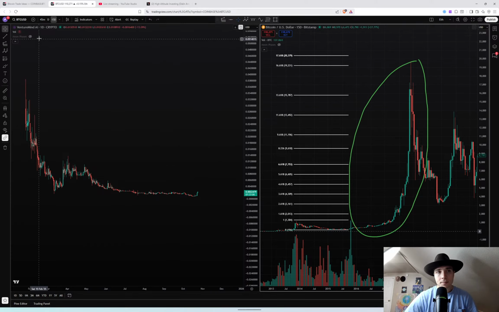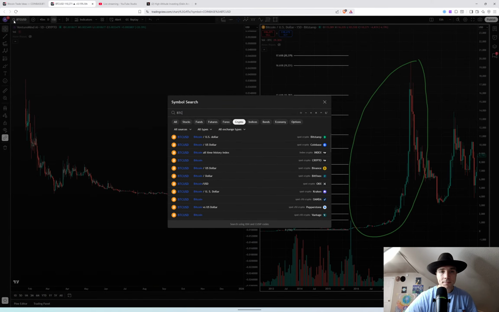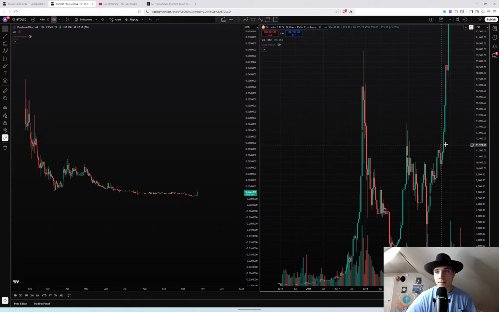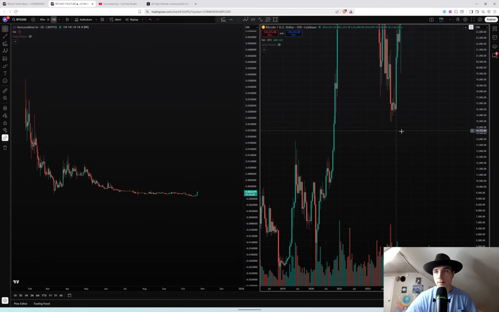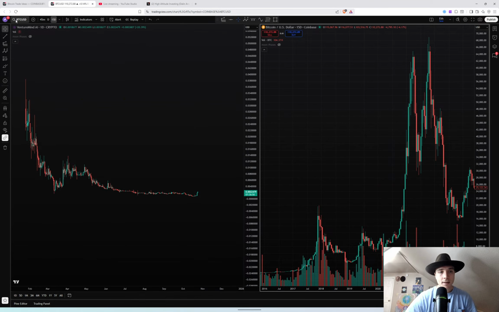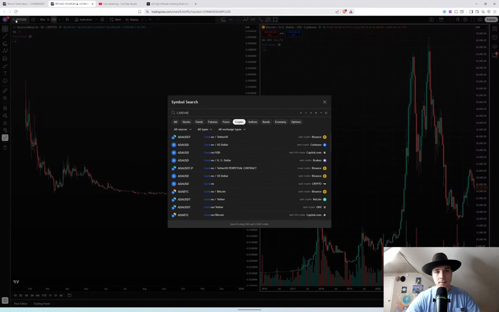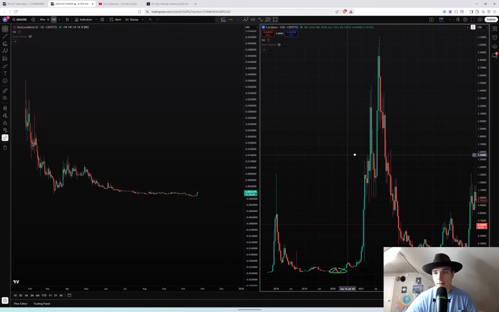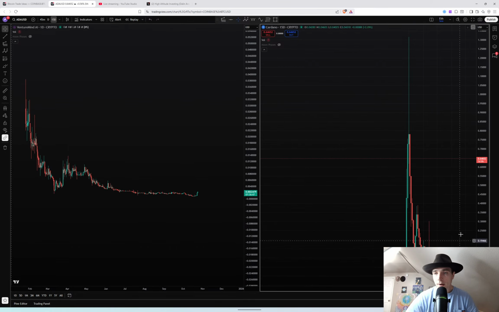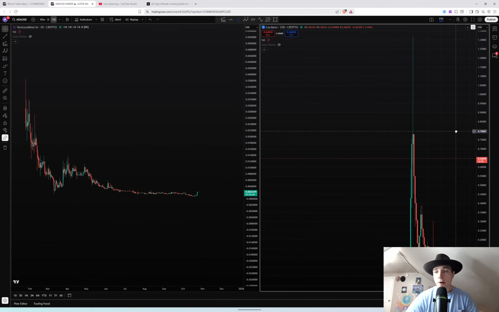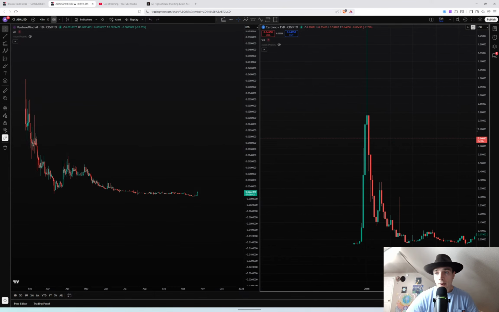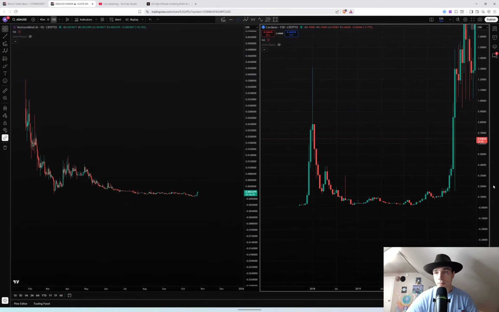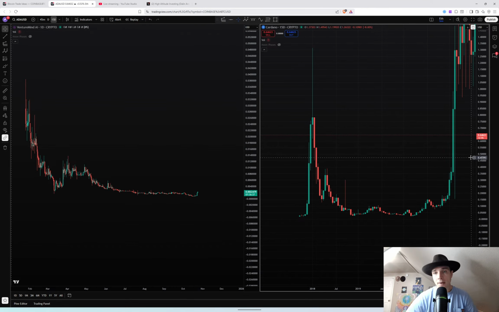So just to show that one more time, let's pull up Cardano, not Bitcoin. Cardano is an example where the market goes for one more lower low, right? It goes for one more slightly lower low than what it was doing before the actual bottom.